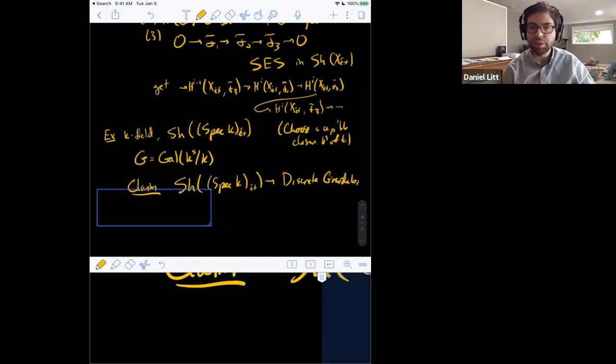What do I mean by discrete G-modules? G is a topological group, given the inverse limit topology, and I mean modules with the discrete topology with a G action on them, so the G action is continuous. In particular, the action on any element of such a module factors through a finite quotient of G.